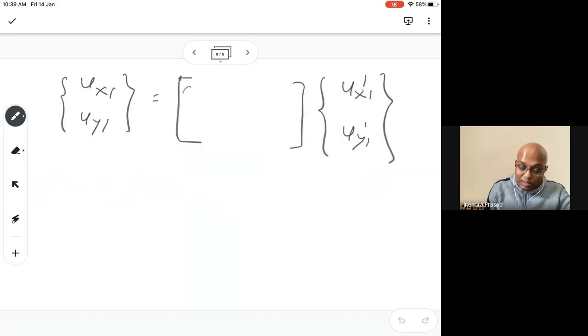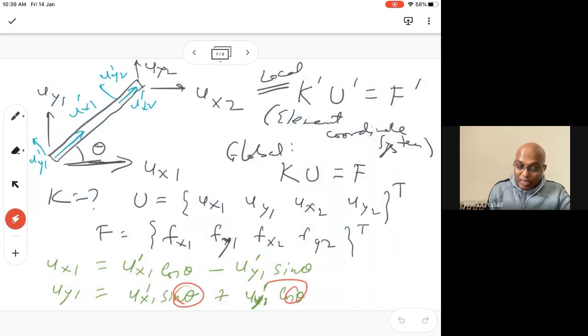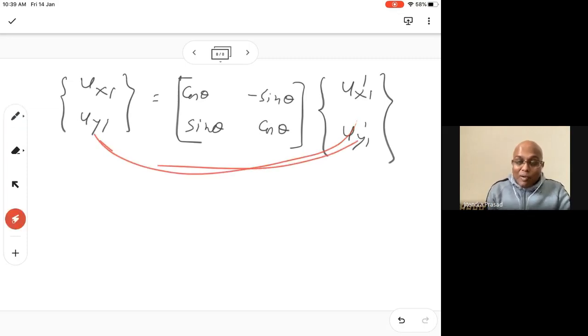So we write cos theta minus sine theta, and here you have sine theta and cos theta. You can also write the other way around as well.